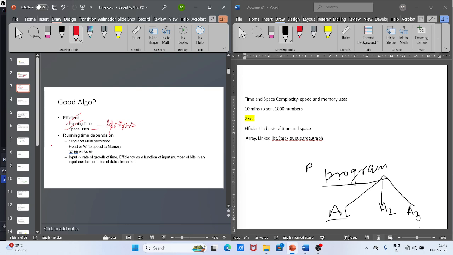But many things affect how fast a program runs. For example, whether you are using a single core or multi-core processor, whether the system is 32-bit or 64-bit, and how fast data can be read from or written to memory. These matter.